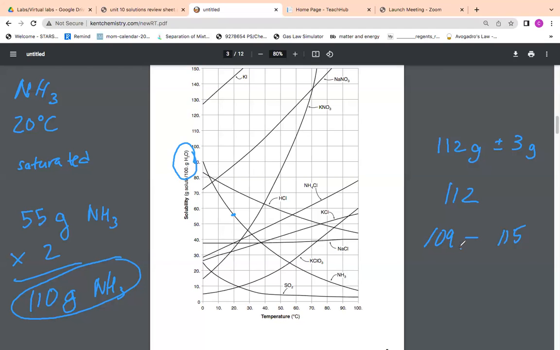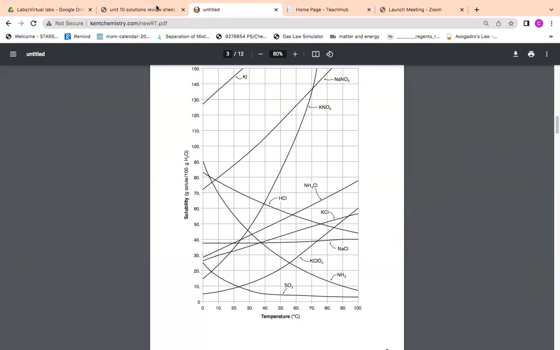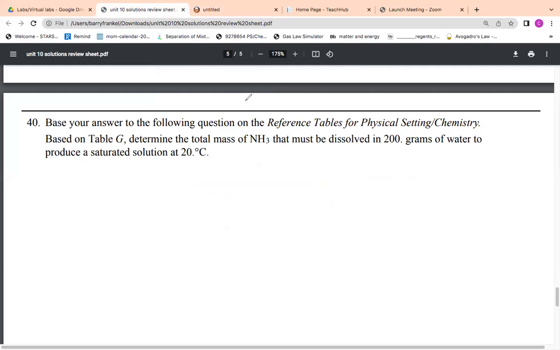So here is your range. Your acceptable answers could go from 109 grams to 115 grams. So again, 109 grams to 115 grams would be acceptable based on the original value that I found, 55 grams. Mine ended up being 110. If yours was not exactly 110, it's also fine.